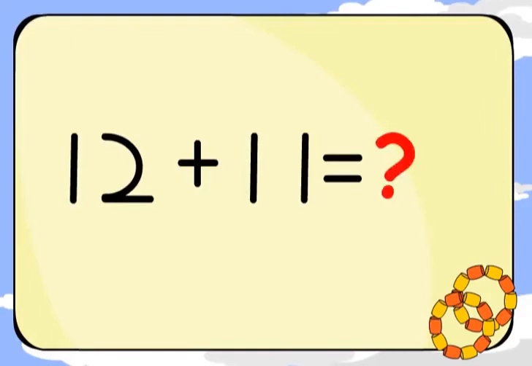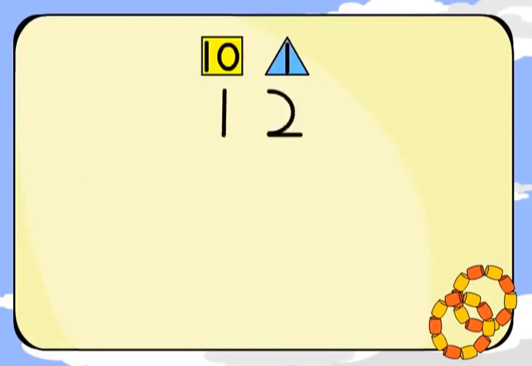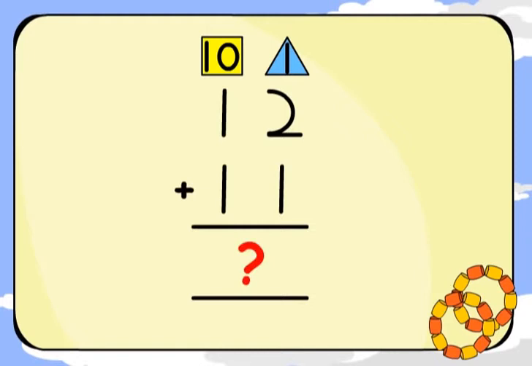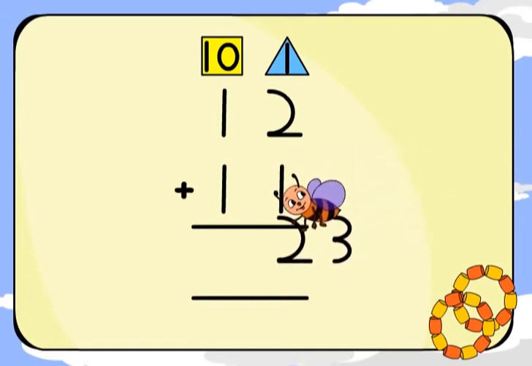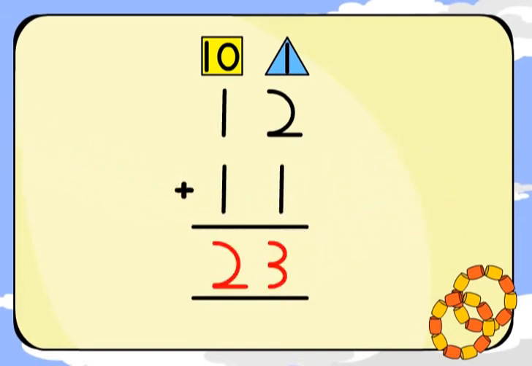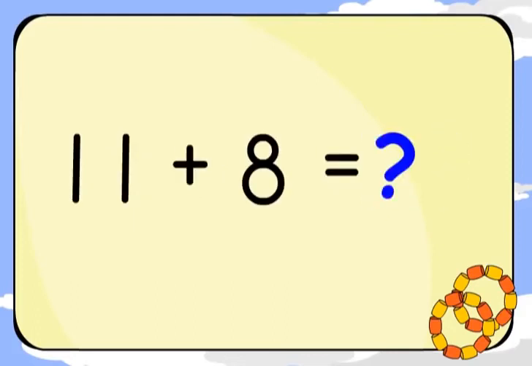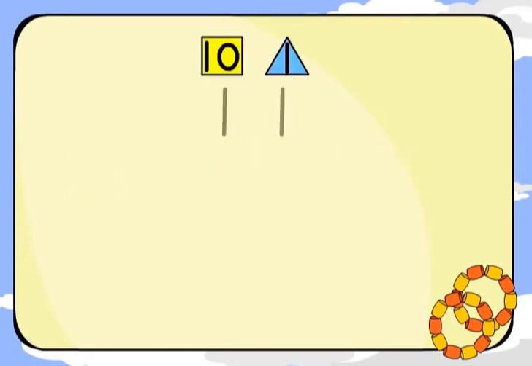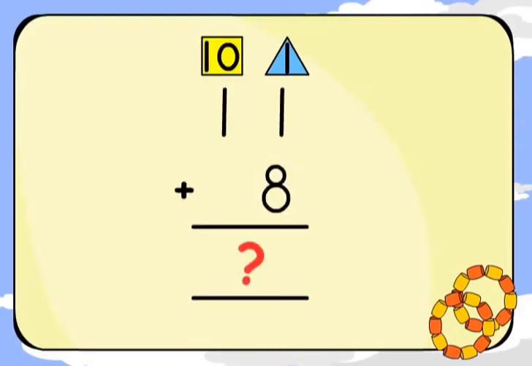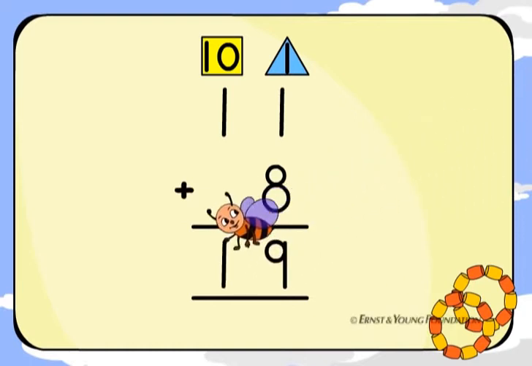Twelve plus 11. 12 plus 11 is equal to 23. 11 plus 8. 11 plus 8 is equal to 19.